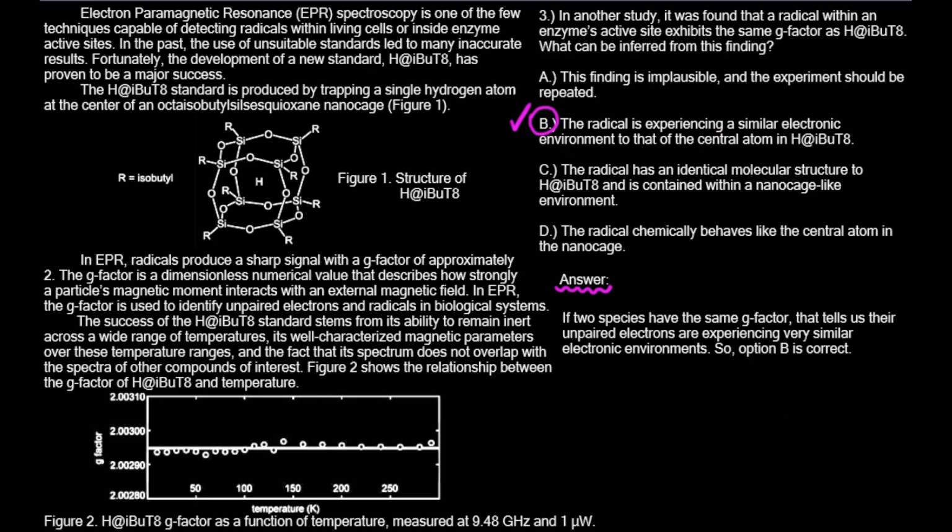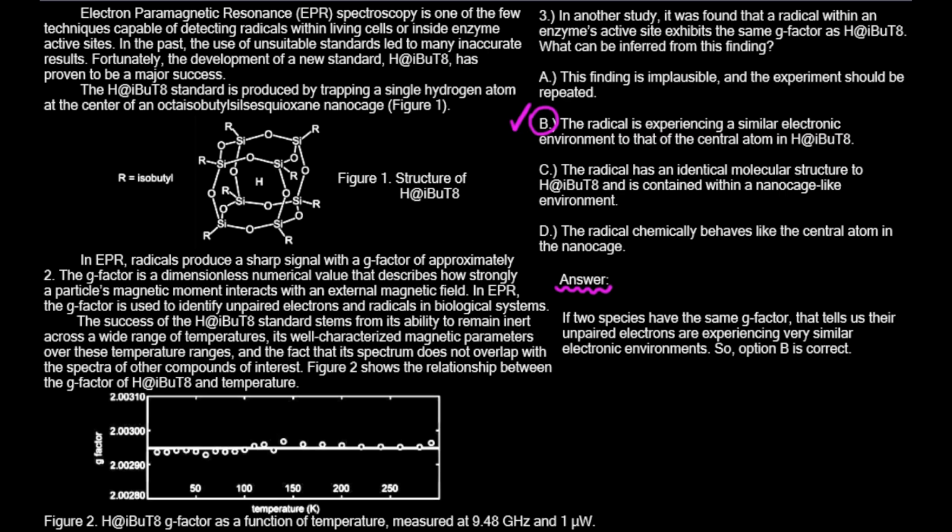We are told in the passage that the g factor describes how strongly a particle's magnetic moment interacts with a magnetic field, and that this value is used to identify unpaired electrons and radical species. We are told in the question stem that a radical inside an enzyme's active site shows the same g factor as the standard.